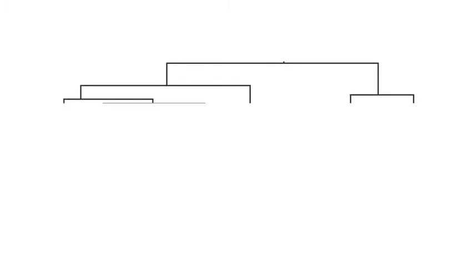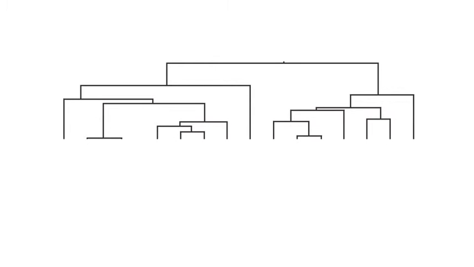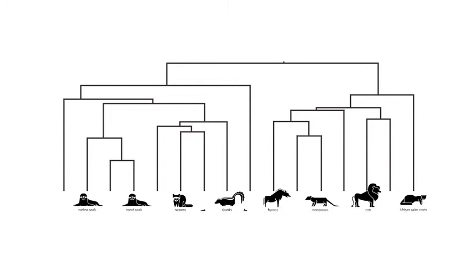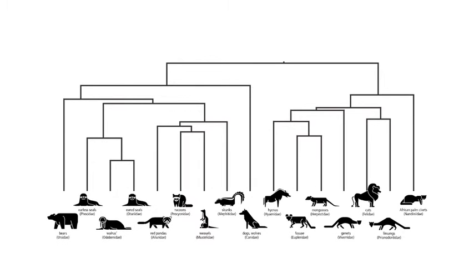So how do we read information on an evolutionary tree? It's the branching pattern of an evolutionary tree and the length of its branches that provide information about relatedness and descent from a common ancestor. This tree shows the carnivora clade. All of these animals share a common ancestor shown at the root of the tree.